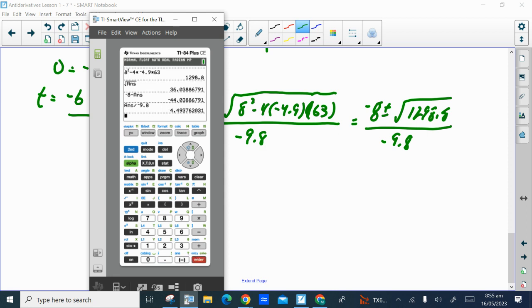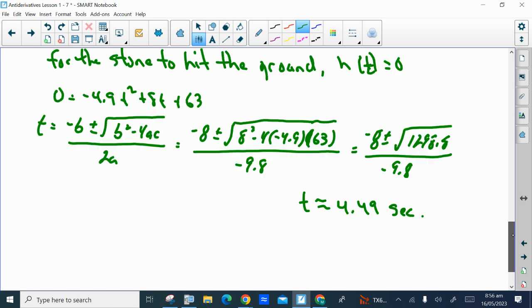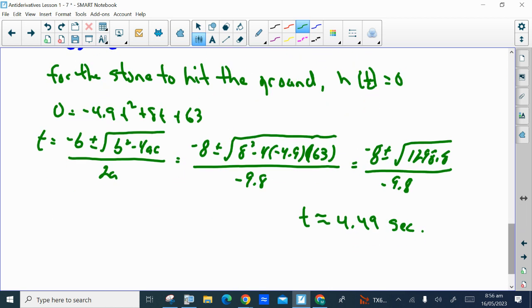So it'll take approximately 4.49 seconds for that stone to hit the ground. And so once again, you will not be required to come up with this formula on your own. But as we went through it, I think you can see where it came from.